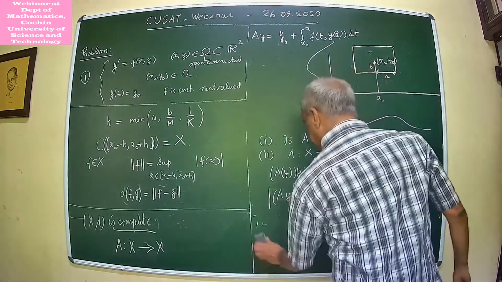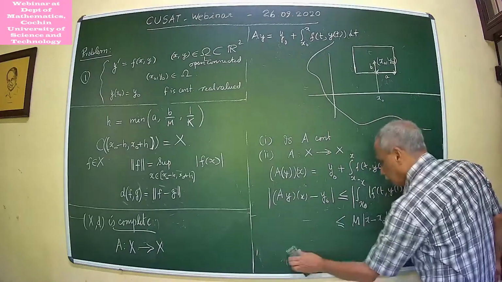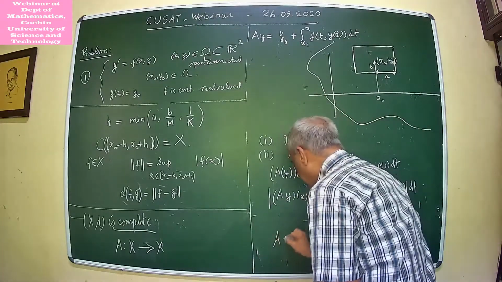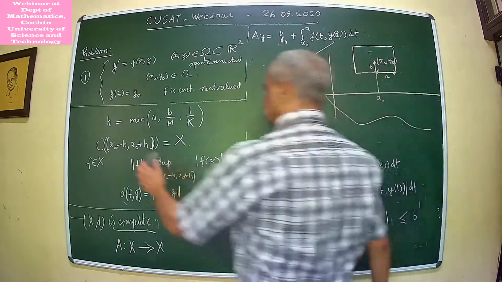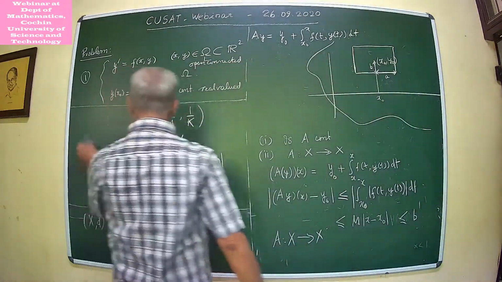Now the third thing that you have to prove. So A is a map from X to X. Is it a contraction? That's the next thing to do.